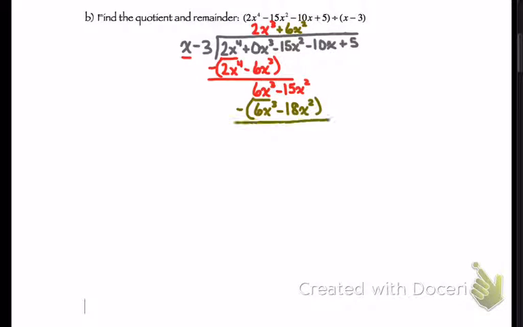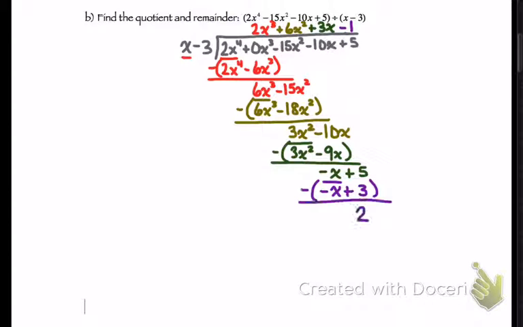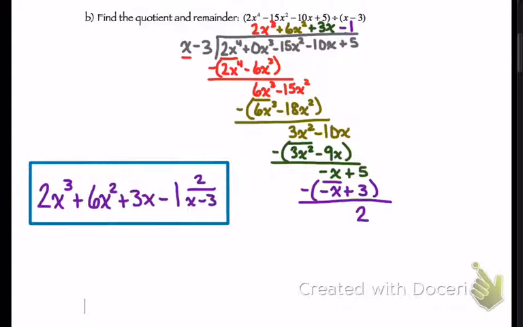Multiply by the two of them, parentheses, subtraction on the outside, subtract them, bring down the minus 10x. Same deal. Positive 3x, subtract them, I get negative x one more time. So it looks like there is my answer.